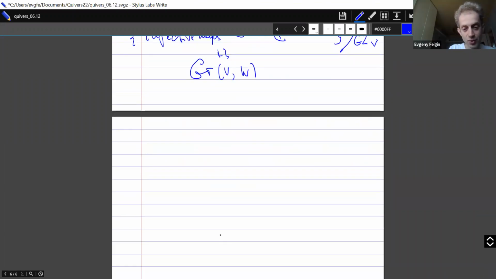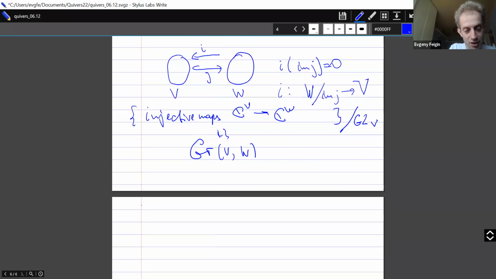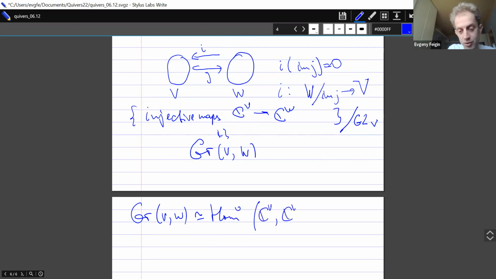So sometimes it's written like Grassmannian VW is isomorphic to Hom 0, where 0 refers to injective maps from CV to CW modulo GLV. So this is the first thing.